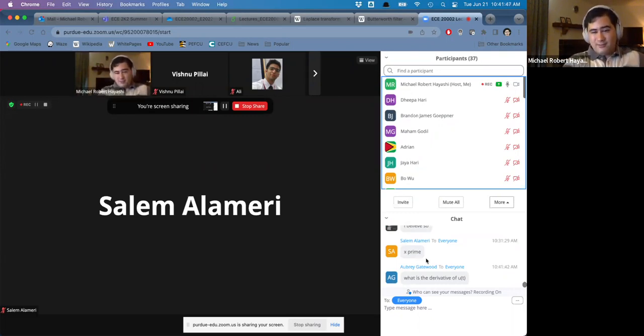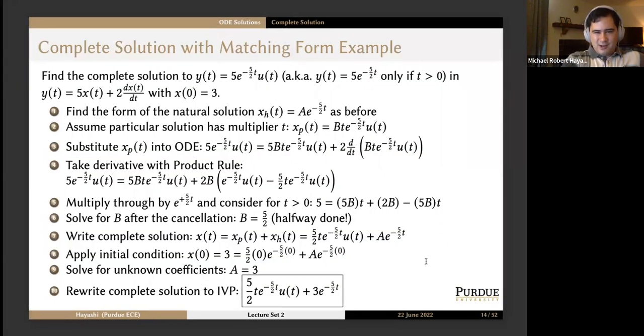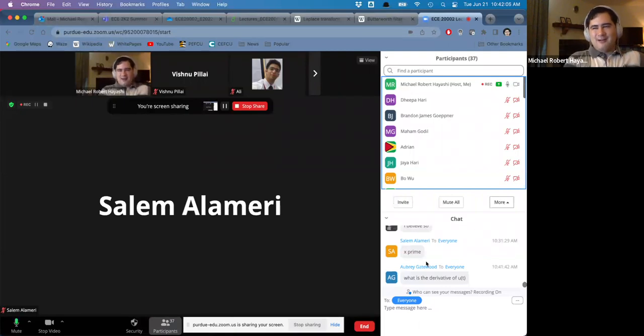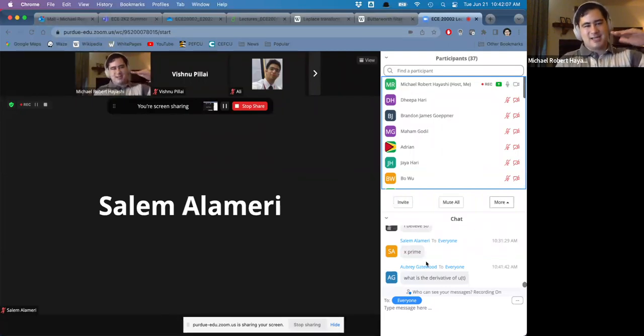Oh, what is the derivative of u of t? At this point, it is forbidden to talk about it, because it is the delta function, which we haven't talked about yet. However, note that we're only solving for t greater than 0, and the derivative of something that behaves like a constant is 0. So as long as we consider t greater than 0, we don't have to worry about its derivative.